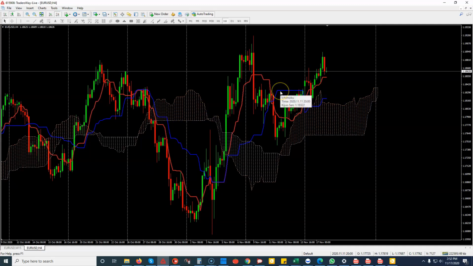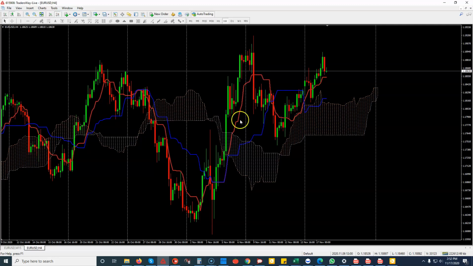Then you have the Kijun-sen, which is this blue line, and it's kind of like a baseline. And this red line is the Tenkan-sen, and it is kind of a trigger or an action indicator.